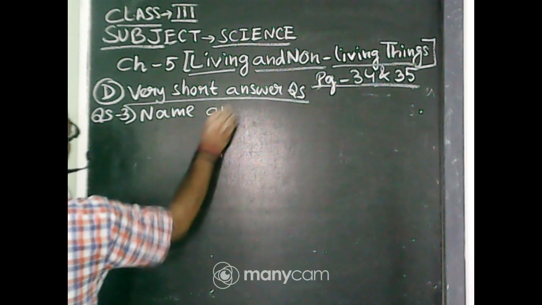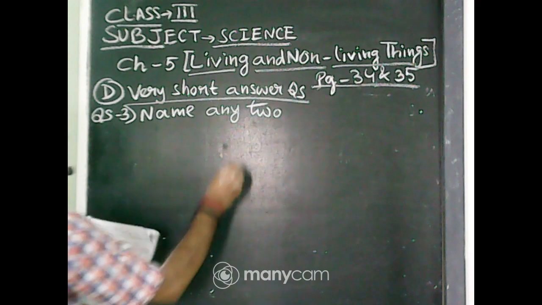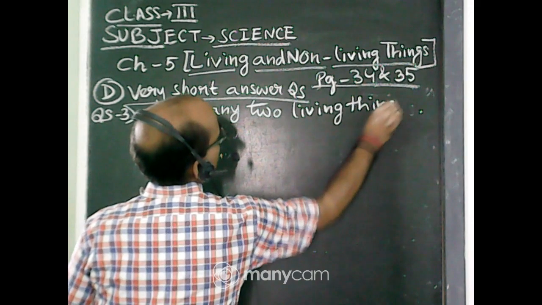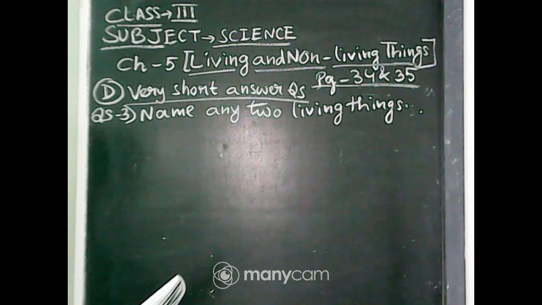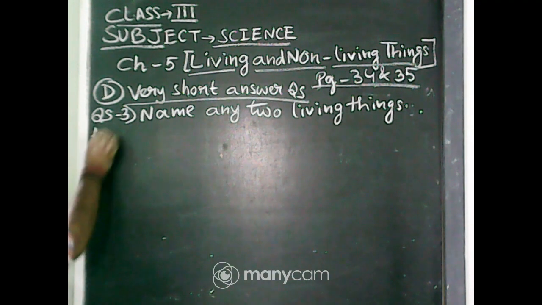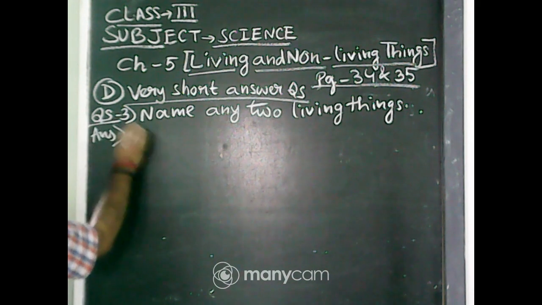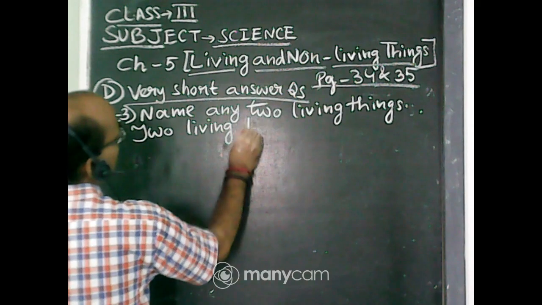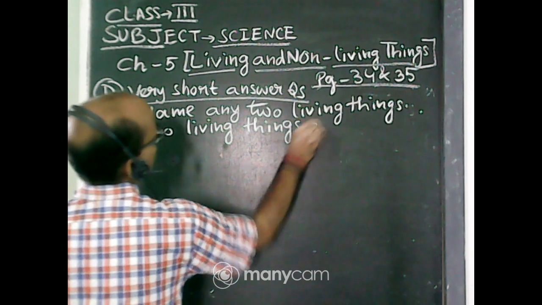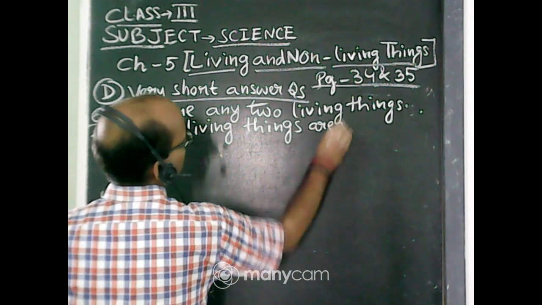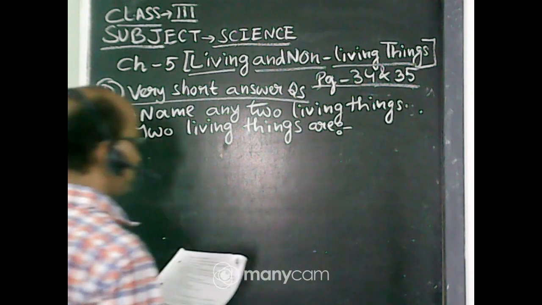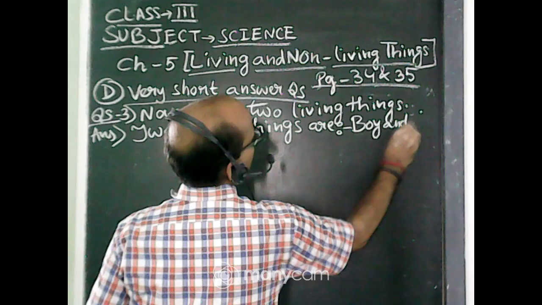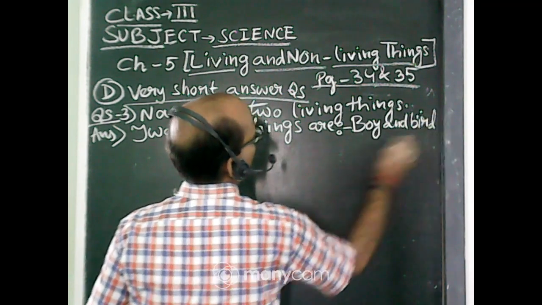Name any two living things. Answer: two living things are boy and bird.